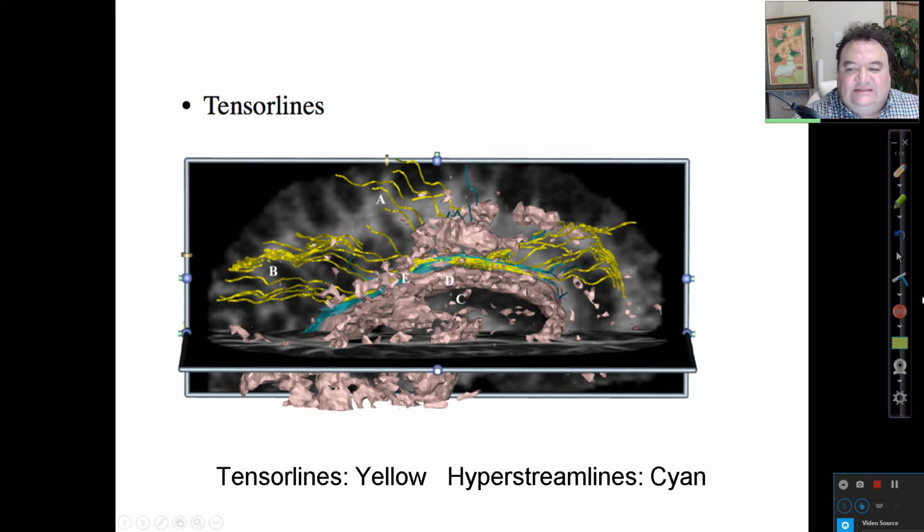So this is examples of tensor lines, and in particular we see the tensor lines following these directions in yellow, while the cyan ones are the hyper streamlines that, again, in regions where we have less isotropic flow, tend to wander in a kind of random way.